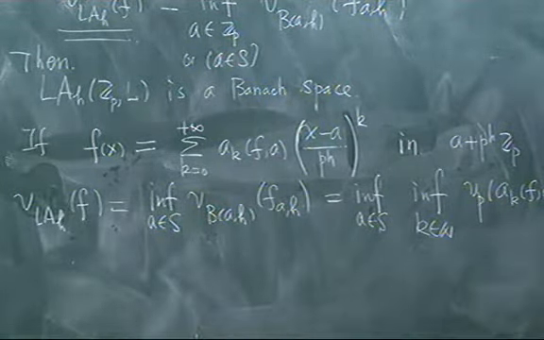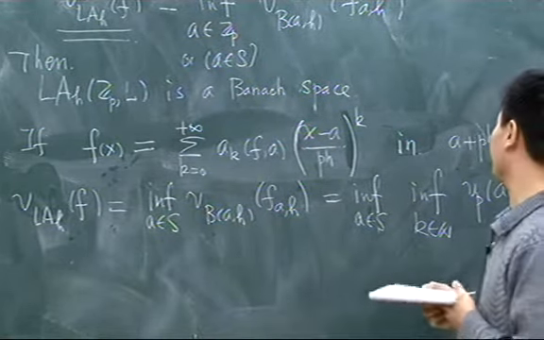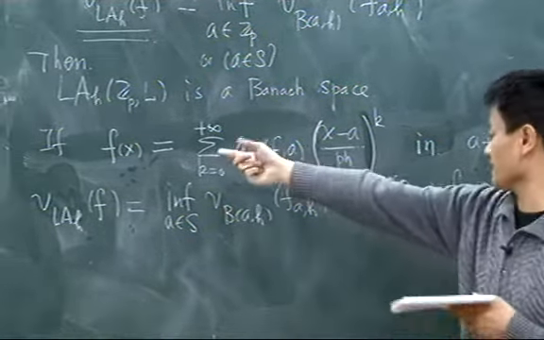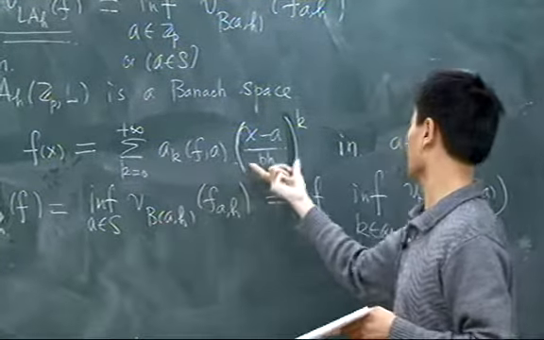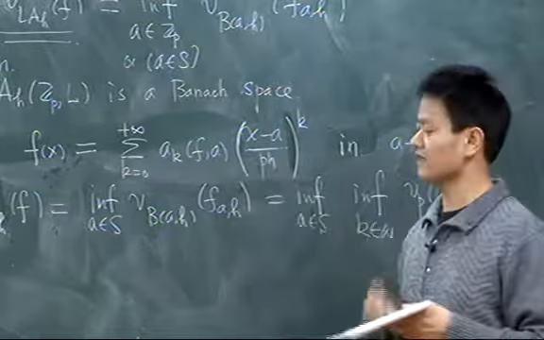Now that we have this valuation, we can have some basis for this f of x, because locally you can write it down like this.